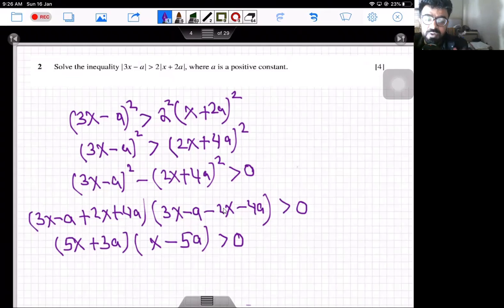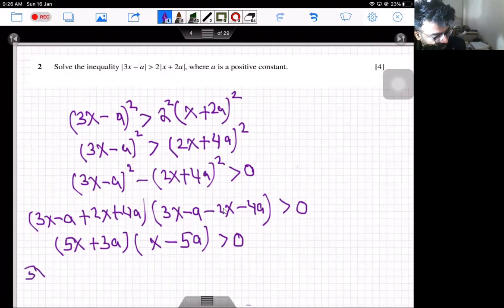Now, whenever you solve a quadratic inequality, the first step you take is to find the critical values. Since a is unknown over here, the critical values will come in terms of a. So what I'm going to do is forget the sign of inequality and equate these factors to 0.